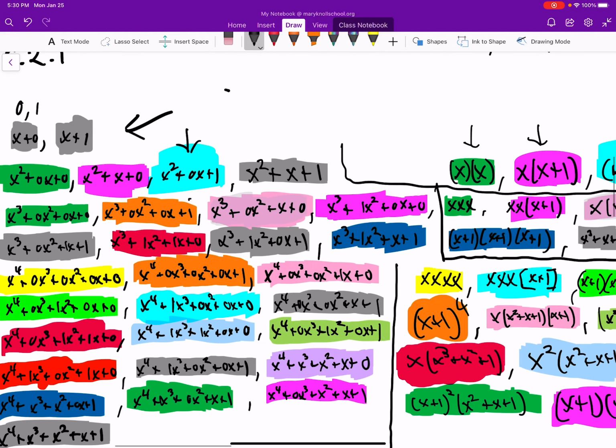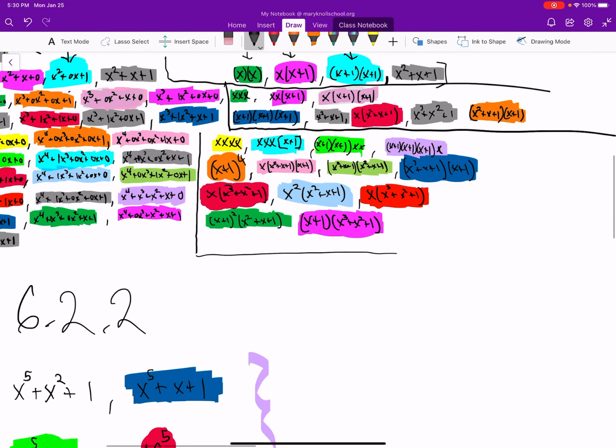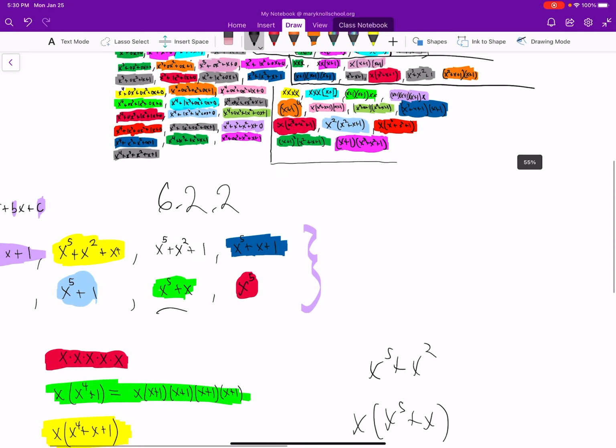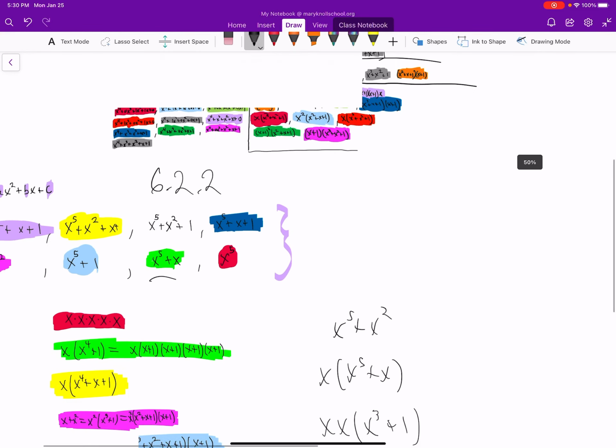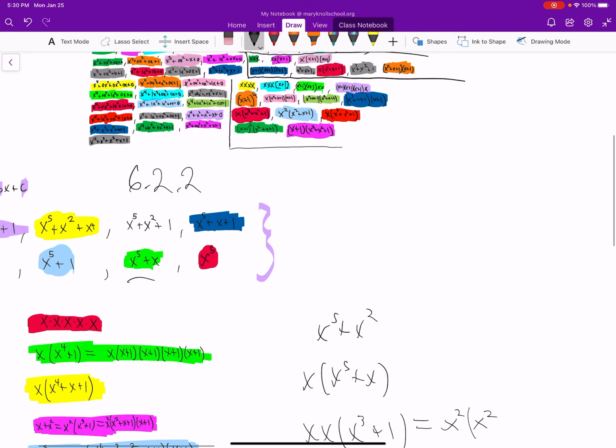So let's look for the orange one over here, and there we go. So that's just going to be x squared plus x plus 1 multiplied by x plus 1.